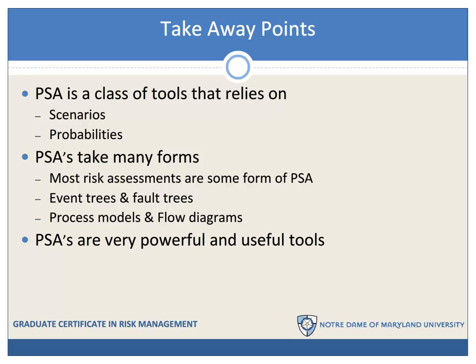Probabilistic scenario analysis takes many forms. Most risk assessments are some form of a PSA. Event trees and fault trees are common examples of PSAs. Process models and flow diagrams also are examples. So probabilistic scenario analyses are very powerful and useful tools.